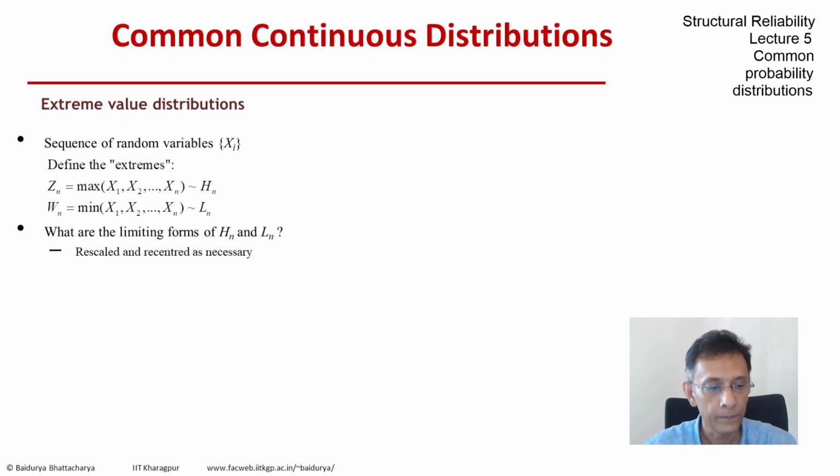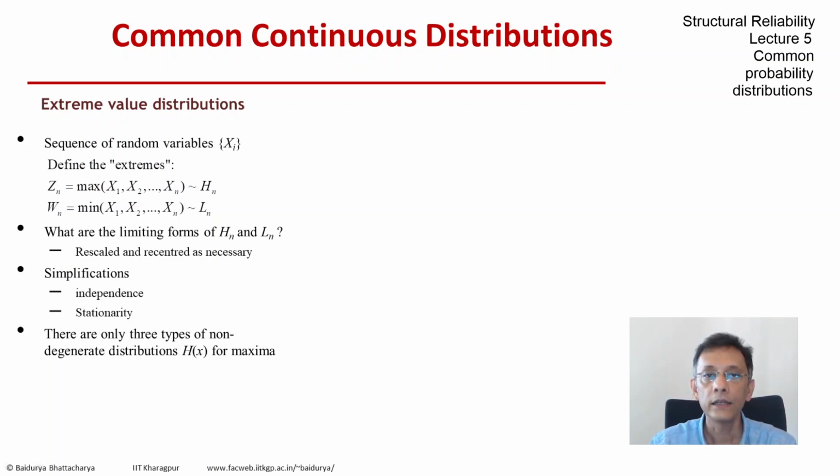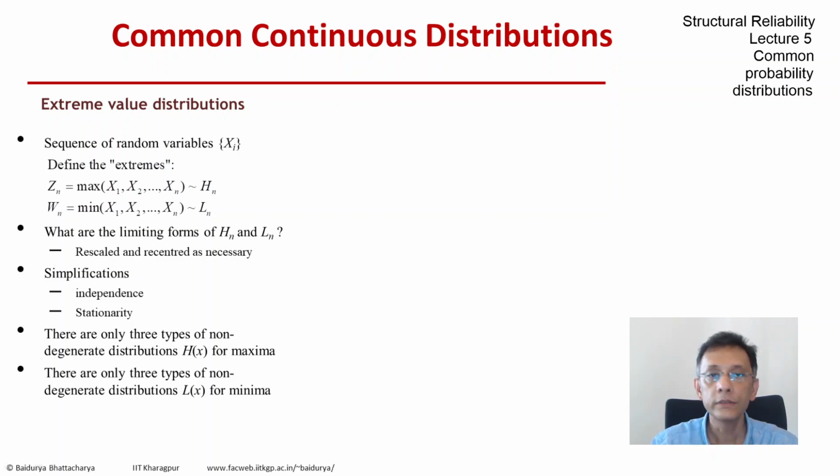and L? And it turns out that under some simplifications, namely that the x's are IID, we have the classical result that there are only three types of possible distributions of maxima, and likewise there are only three types of possible distributions for minima.